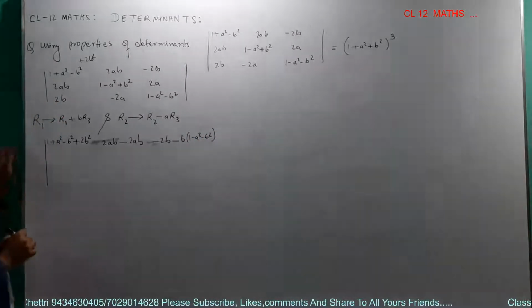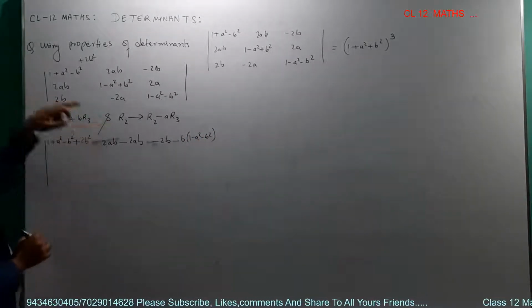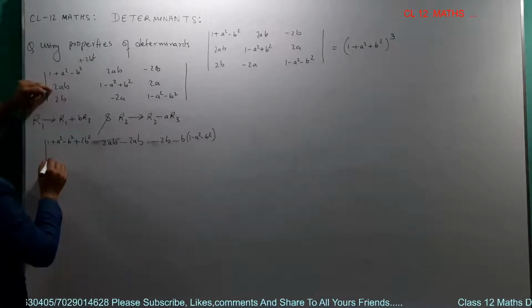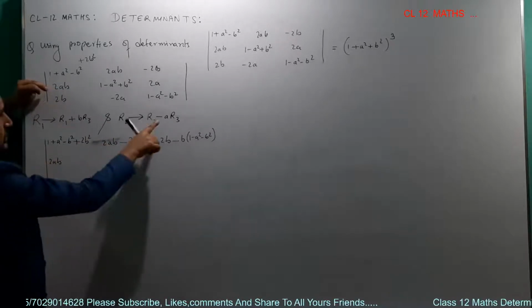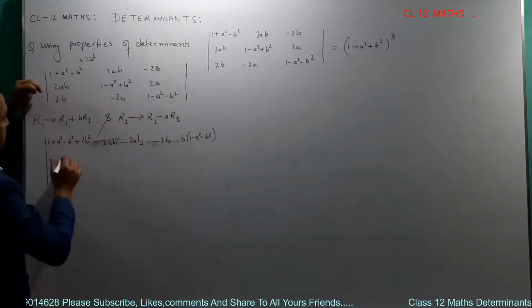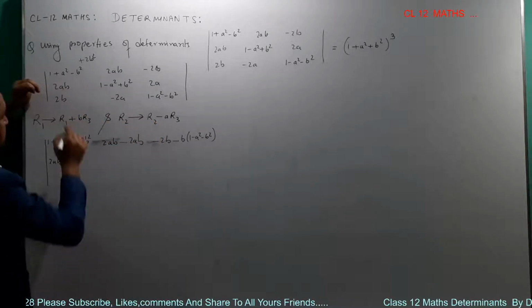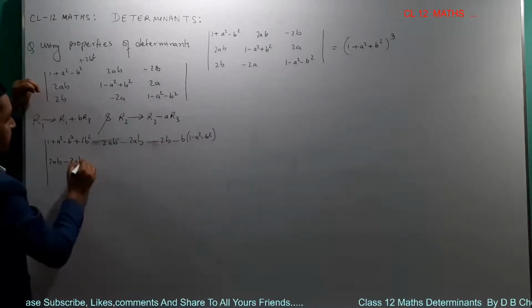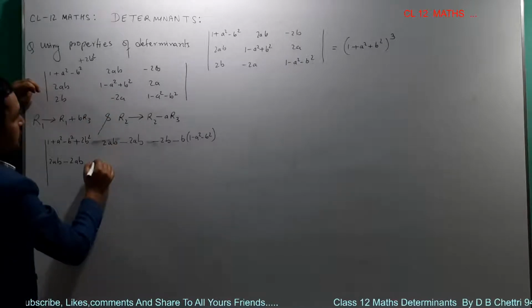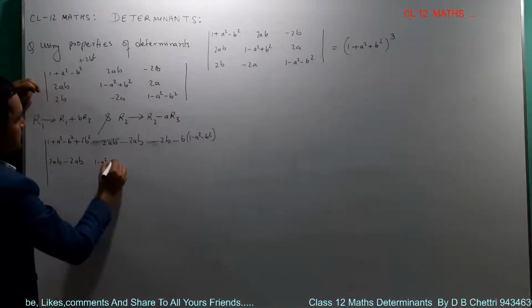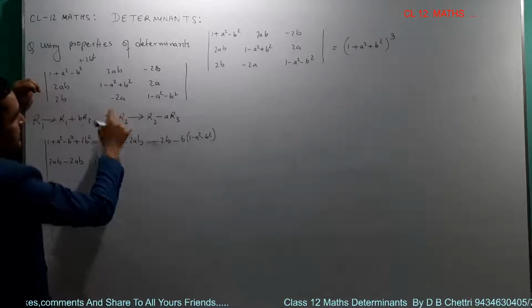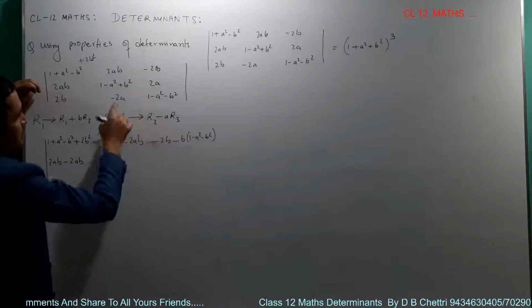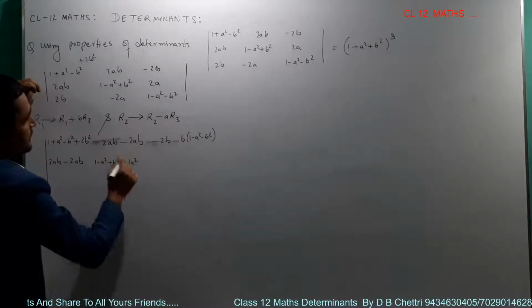Okay. Now similarly, R2. R2 is 2AB, then minus plus minus A multiplied by 2B, 2AB, then 1 minus A square plus B square, and minus plus A multiplied by 2A square.